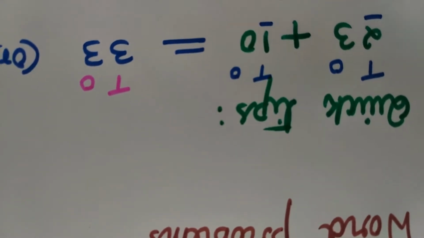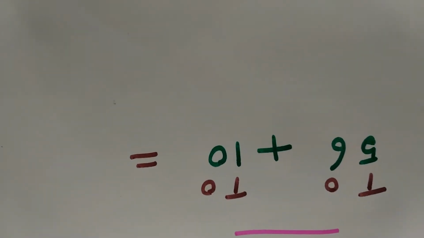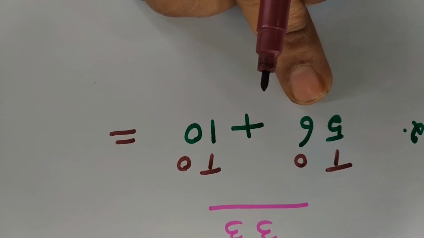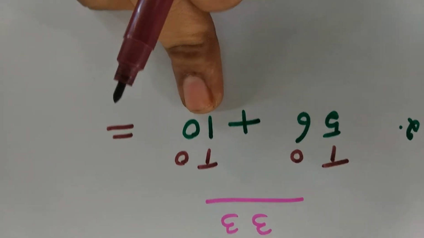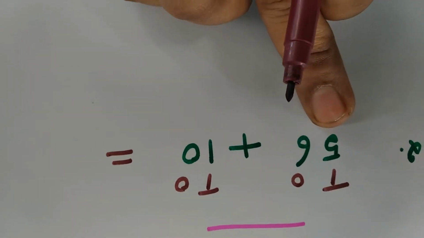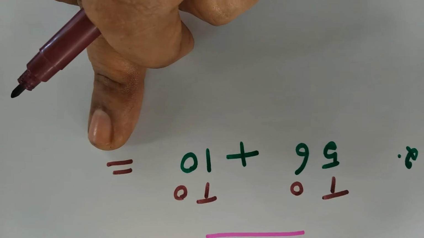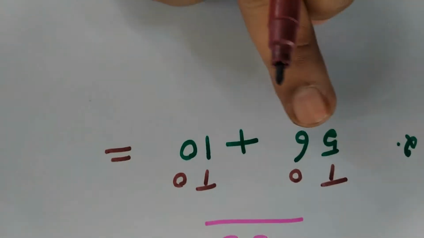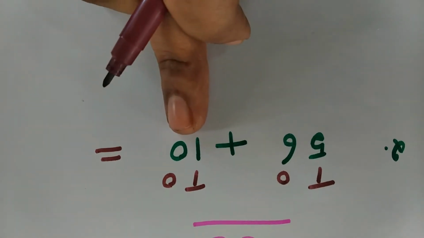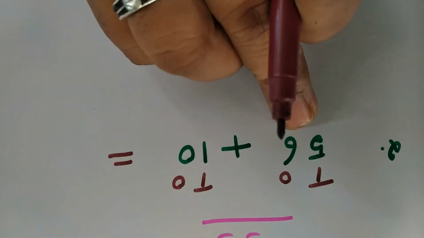Okay, see we can see one more sum. Now see children, we can see the second sum, the number 56 plus 10. Now I am going to add the number 10 to this number 56. Okay, what will be the answer? First you want to see the ones place. Whenever you are adding two numbers, first we want to add in ones place. See this.